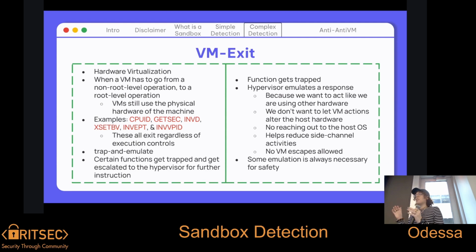A VM exit is when a call gets escalated to the hypervisor. All of these calls exit regardless of whatever you do, so you can't change that. The function gets trapped. The hypervisor then emulates said response, again, because we don't want to directly talk to the host machine.